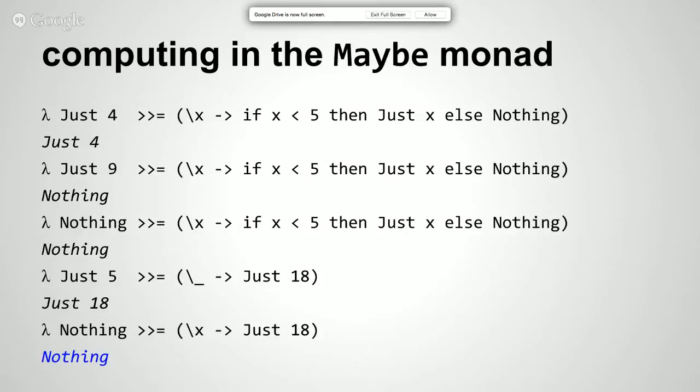In the second it is, and that's why we get Nothing with Just 9, because it hasn't failed yet. Then it says, okay, 9 is not less than 5, so now I fail. But in the third one, it's already failed, so that function never gets run. Yep, of course.